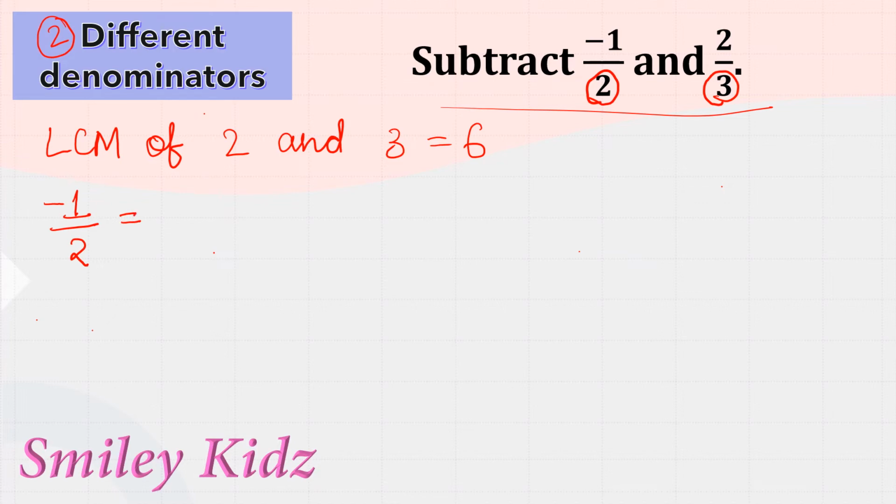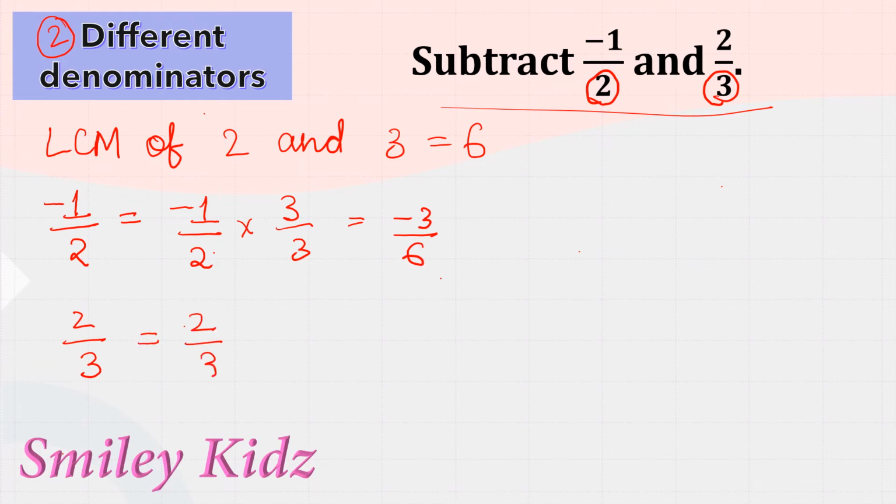Minus 1 by 2 is equal to minus 1 by 2 multiplied by 3 by 3, which is equal to minus 3 by 6. Let's do the same for 2 by 3. 2 by 3 is equal to 2 by 3 multiplied by 2 by 2, which is equal to 4 by 6. Here we have got the equivalent rational numbers.